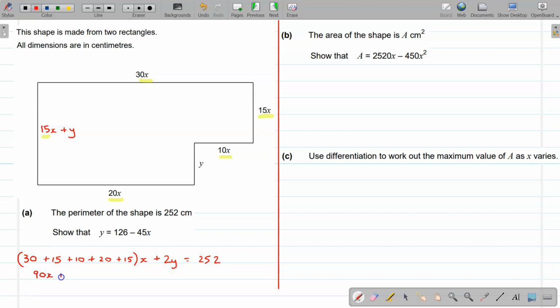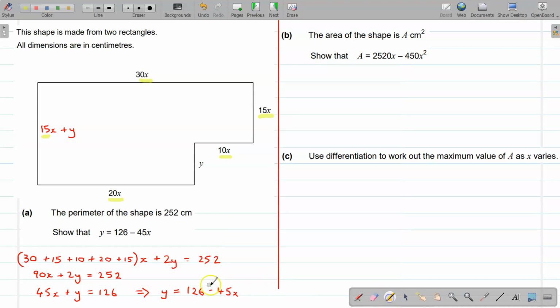90x plus 2y equals 252. Okay, it doesn't look much like this, but that's simply because there's a common factor of 2, so we can go straight to saying 45x plus 1y equals 126, and therefore y equals 126 minus 45x.